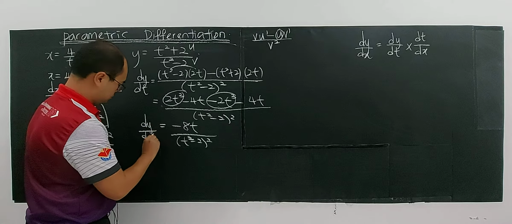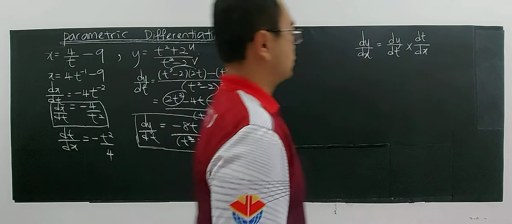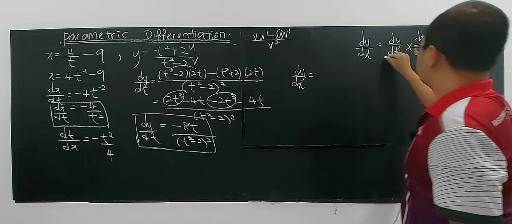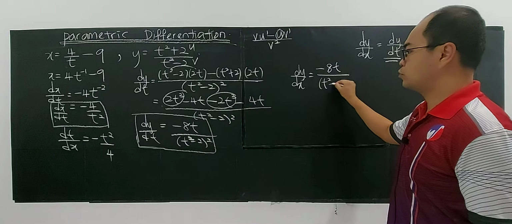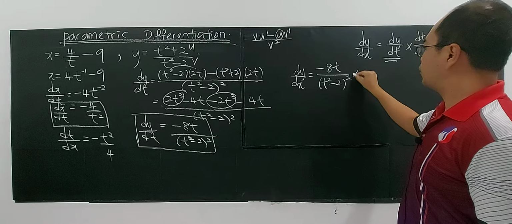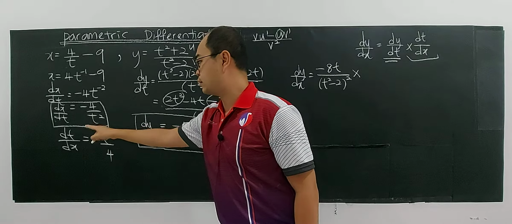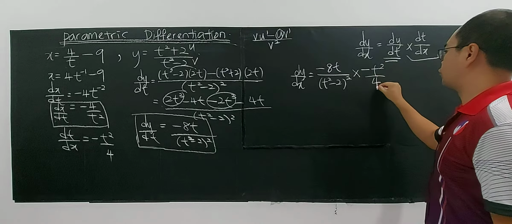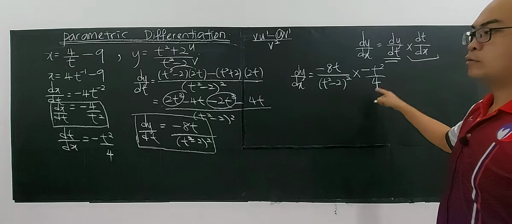So it's time for me to find my dy/dx. dy/dx is dy/dt, negative 8t over (t squared minus 2) to the power of 2, multiplied with dt/dx, which is negative t squared over 4.